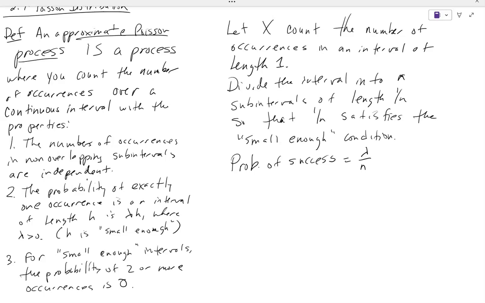Since they're all independent, we can think of this as a binomial distribution, right? So our probability that we have x successes should be approximately, because it's not quite a binomial process, what? Well, we've got n subintervals. X of them have successes in them. The probability of success is lambda over n. The probability of failure is 1 minus that.